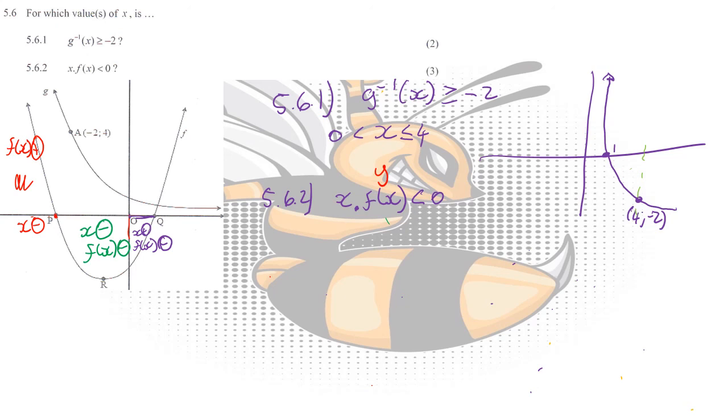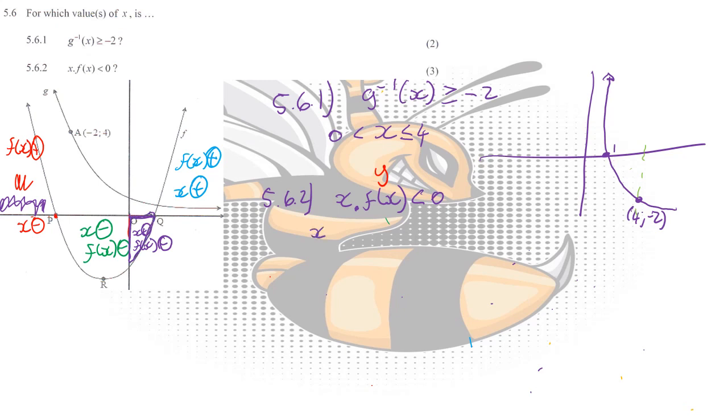Then lastly, we have this part over here, in which f of x will again be positive, and my x value is positive. Therefore, if we multiply those two answers, it will give me a positive answer. So at the end of the day, I'm allowed to work with any x values that are on this side and any x values that are here in this little intersect over here.